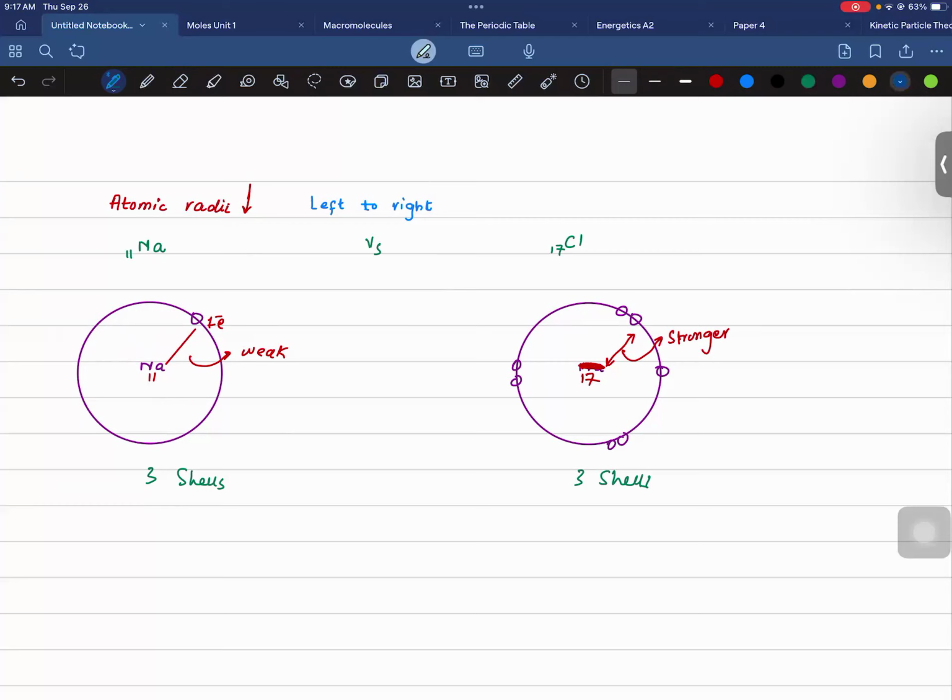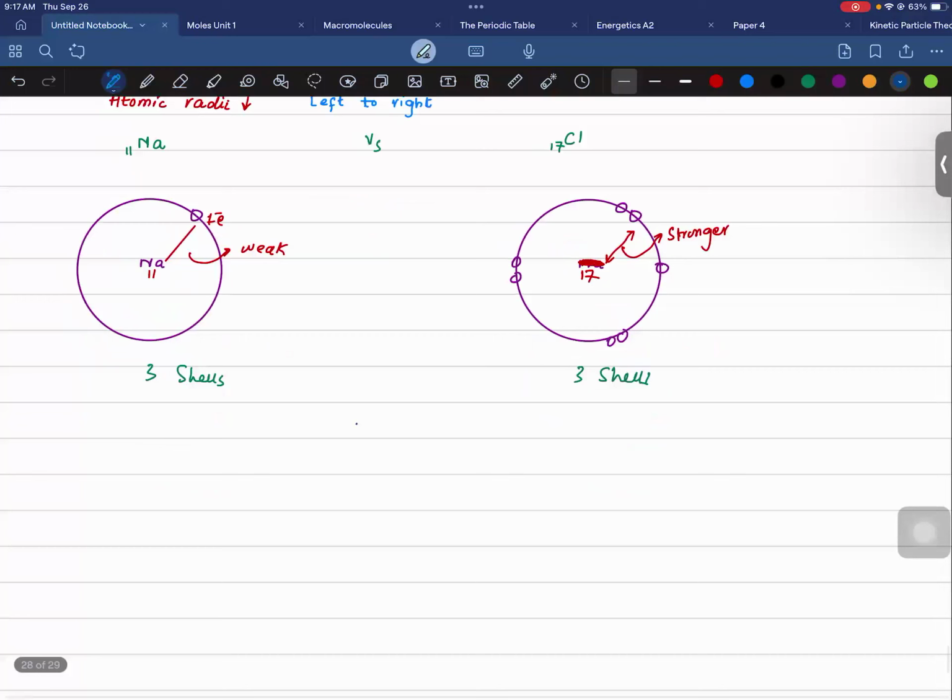We also have a term called the shielding effect, also called the screening effect. Can you tell me what the shielding effect is? The shielding effect is inversely proportional to ionization energy.